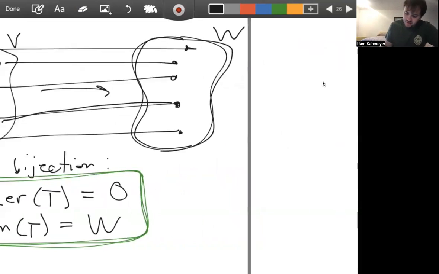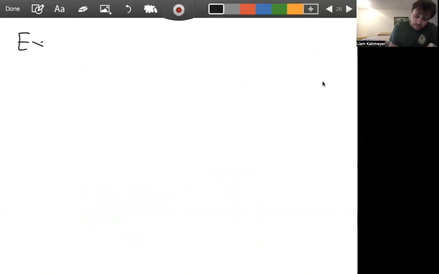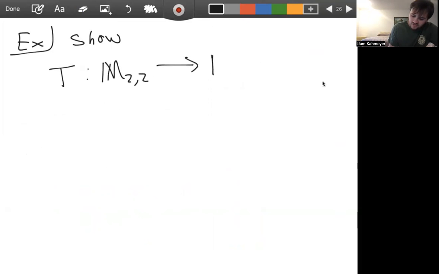And in fact, so let's look here. Let's look at an example that maybe will make what I'm trying to say a little more clear here. Let's show that T from M2 to R4 is an isomorphism. Right?